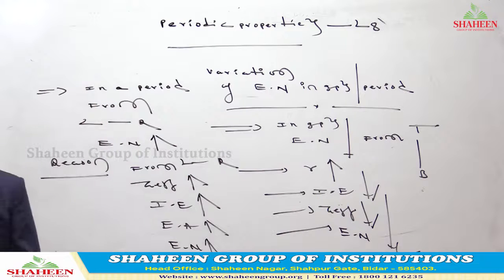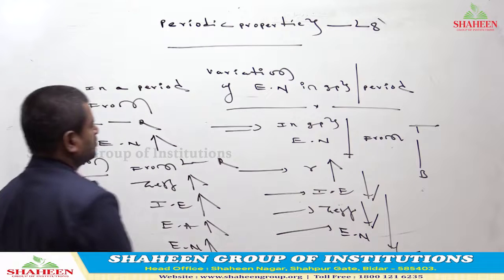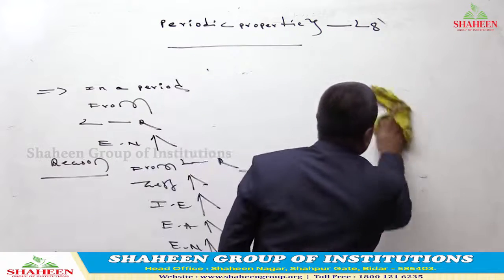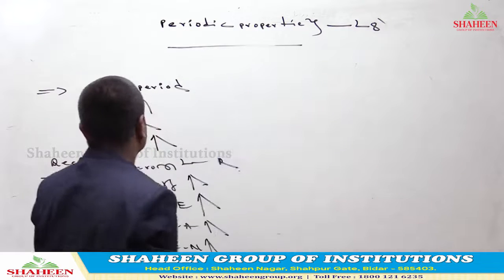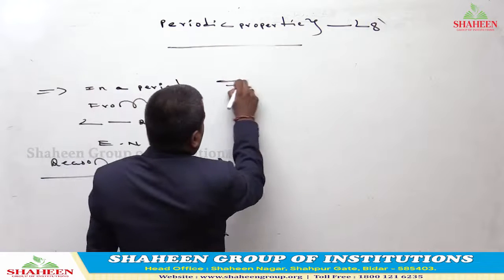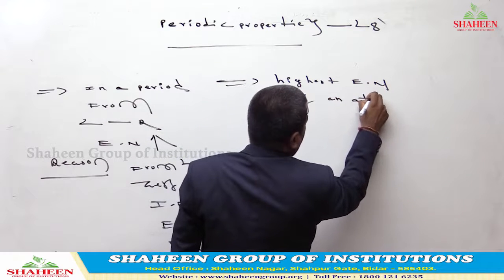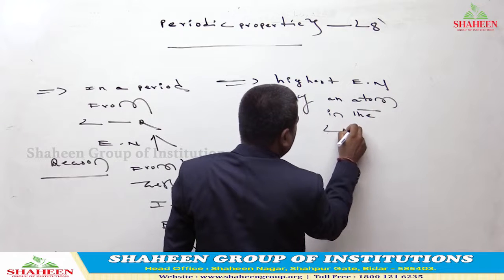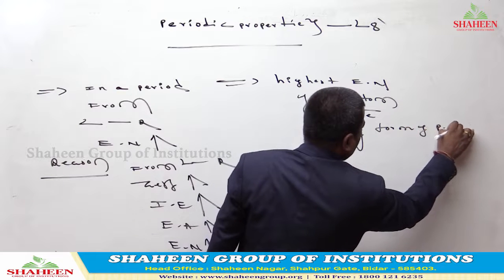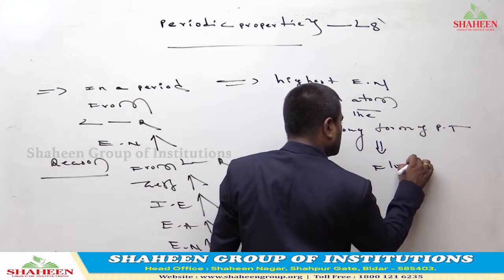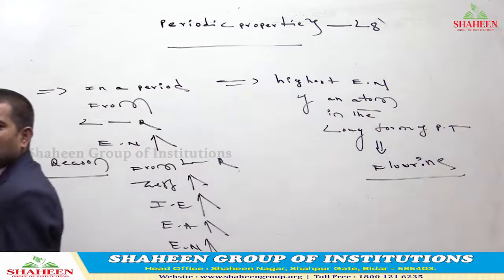The highest electronegativity of an atom in the long form of the periodic table is that of fluorine.